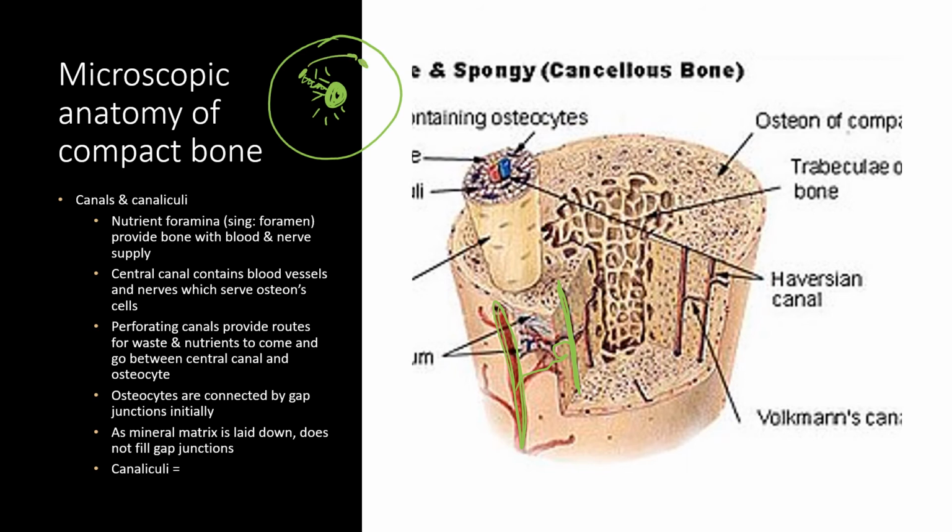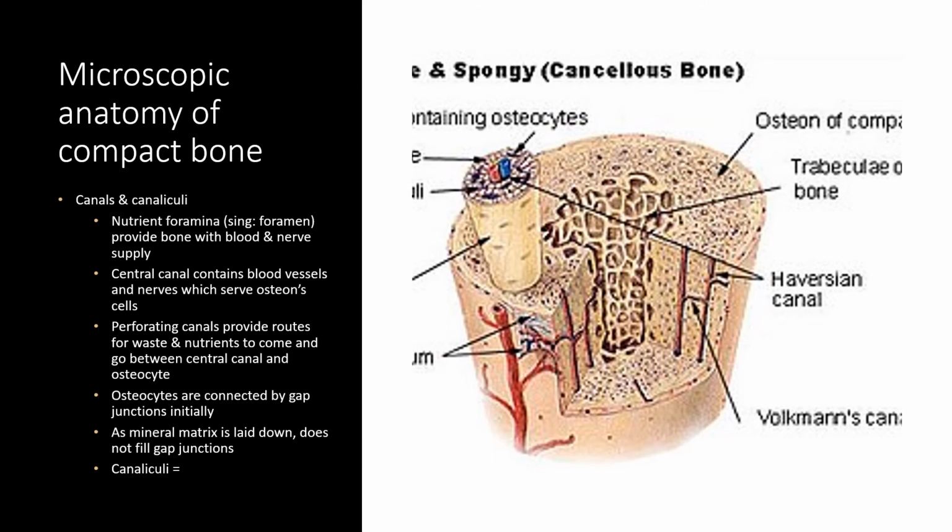Remember, they have those long projections that go out side to side. They communicate with one another by gap junctions. As those gap junctions can't be filled with matrix, and the matrix is going to surround the cells except for where osteocytes are connected to one another by gap junctions, you'll find canaliculi. And those are canals that connect osteocytes to one another.